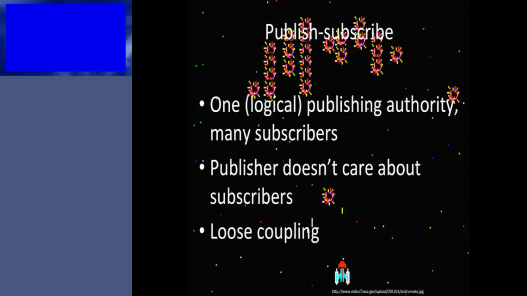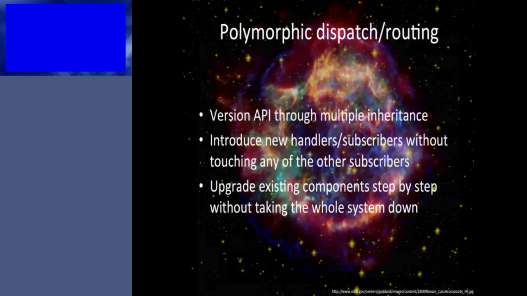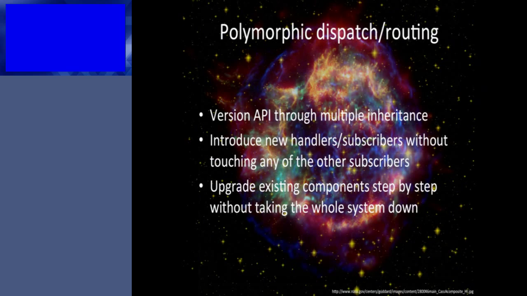The publisher just raises the message, the event. Subscribers get those events and do whatever they want to do with it. Okay, so let's talk about polymorphic dispatch and routing features shortly.